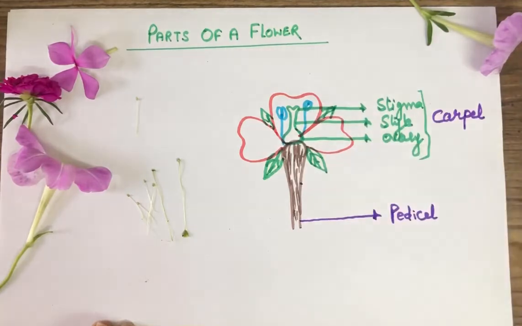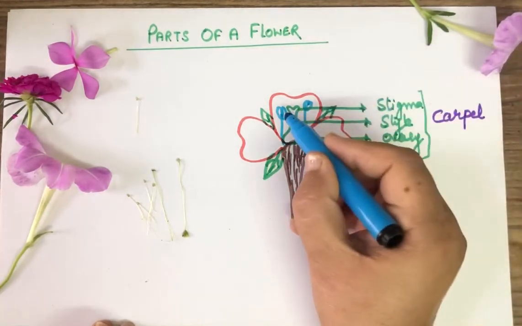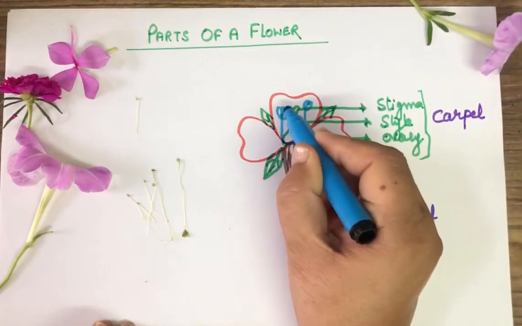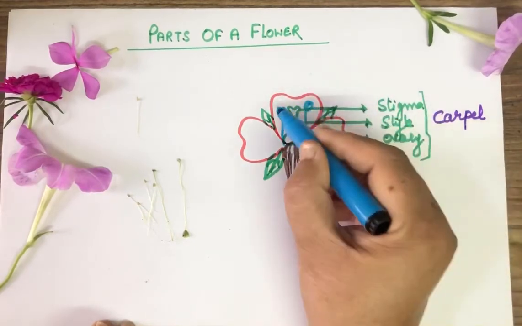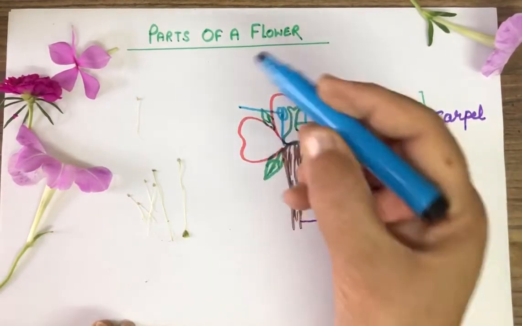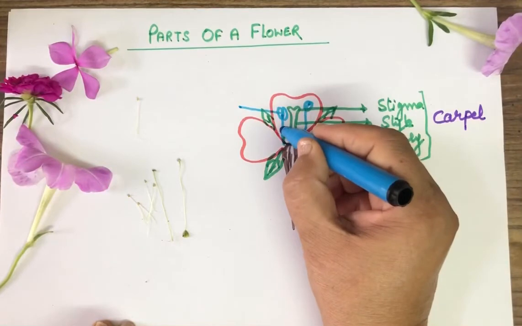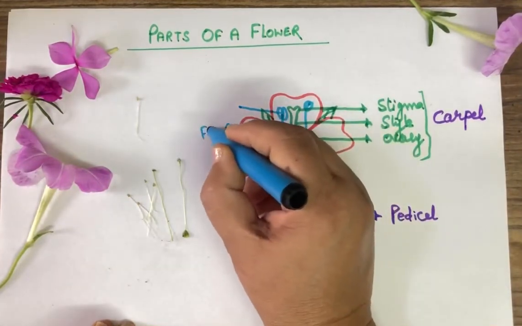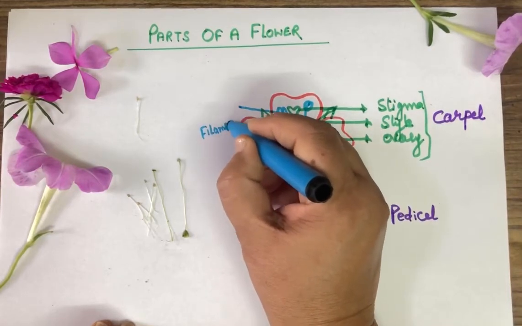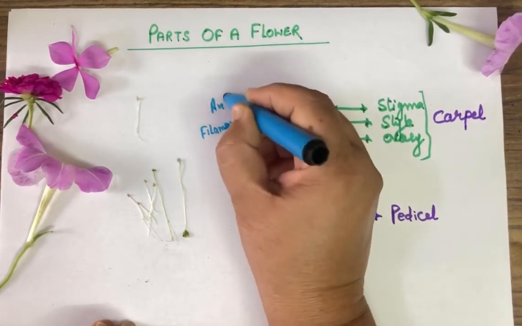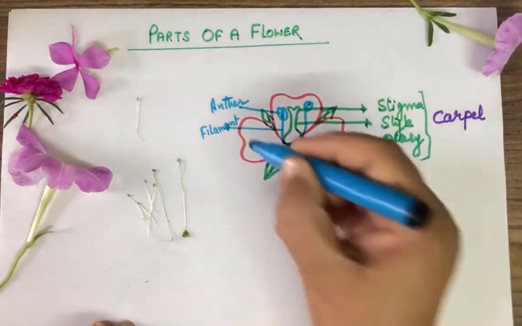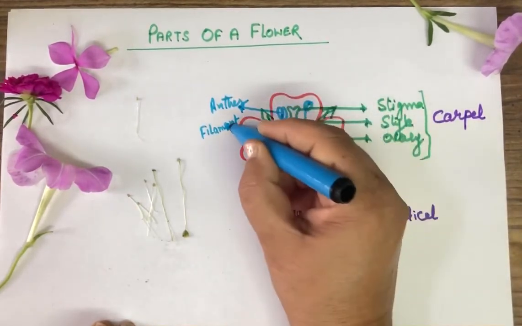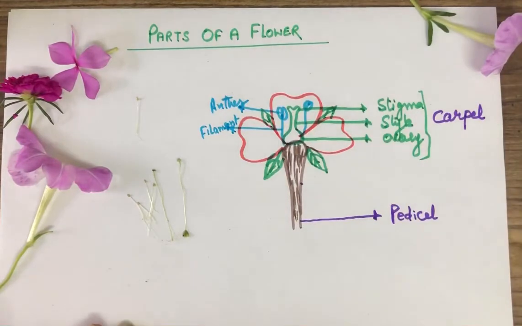I have not labeled the different parts of the male part. I can label it. There are 2 parts, this and this. This is called the filament, and this is called the anther. The upper part is called the anther and the lower part is called the filament.